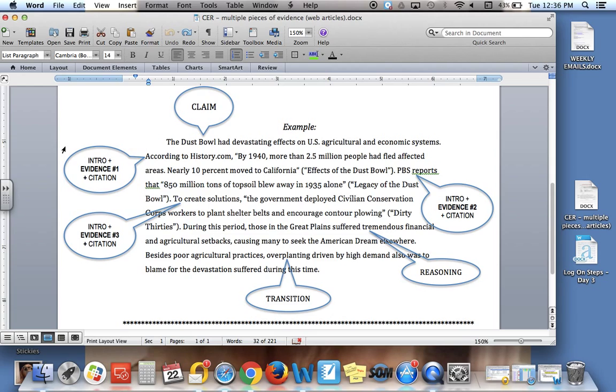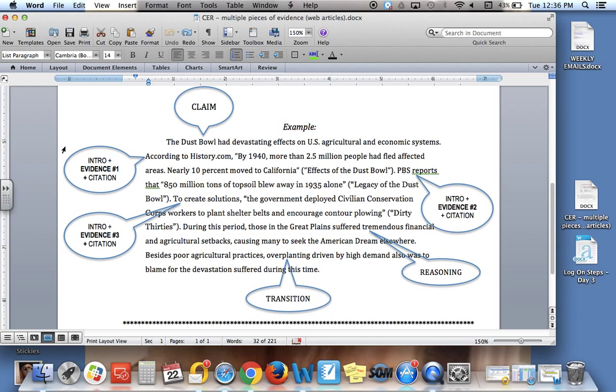Here it goes. The Dust Bowl had devastating effects on U.S. agricultural and economic systems. According to History.com, by 1940, more than 2.5 million people had fled affected areas. Nearly 10% moved to California. PBS reports that 850 million tons of topsoil blew away in 1935 alone.